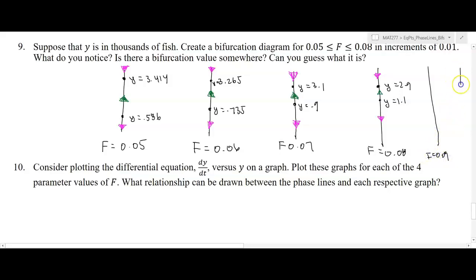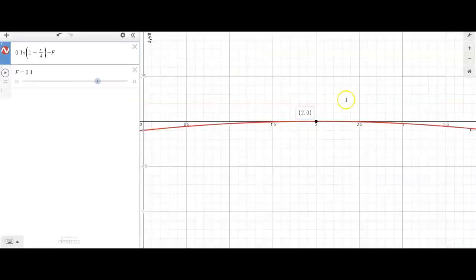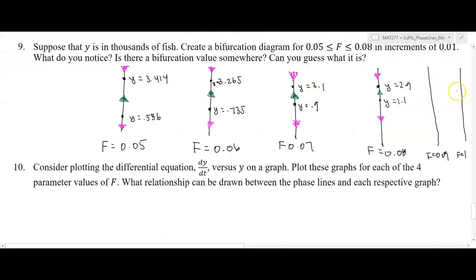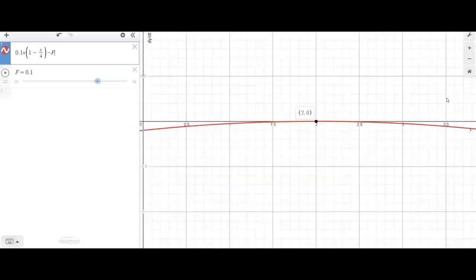When f is equal to 0.1, I only have one equilibrium point, and that equilibrium point occurs at y equals 2. So at y equals 2, now I have one equilibrium point, and notice that to the left of y equals 2, dy dt is negative. Our graph is below the horizontal axis. It is a negative vertical value.